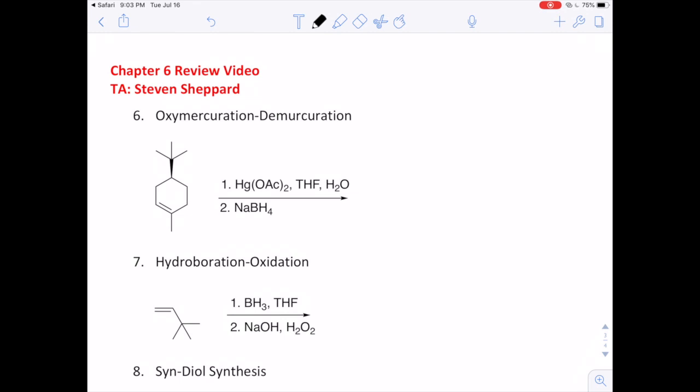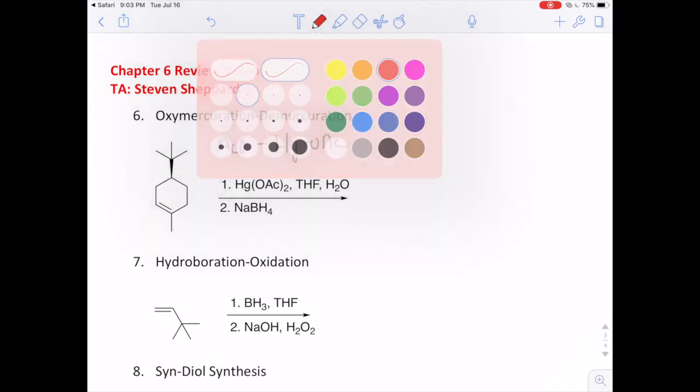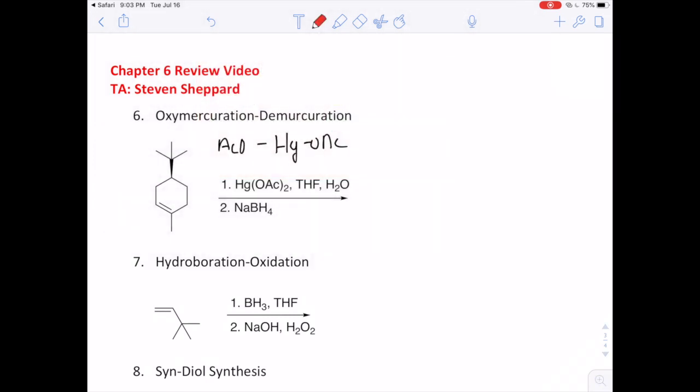So what do all those reagents do? Well, mercuric acetate looks like this. And what happens is, again, it's a single-step concerted mechanism that's going to form a cyclic mercuric acetate bridge. So this pi bond is going to attack that mercury, okay?